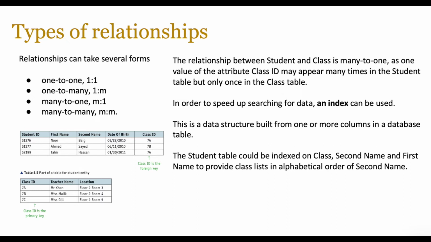Another aspect is the use of an index. In order to speed up searching for data, sometimes you can use an index, and you can index primary keys and foreign keys as well. This is basically a data structure which is built from one or more columns in a database table. In the student table, we can index class, second name, and first name to provide class lists in alphabetical order of second name.